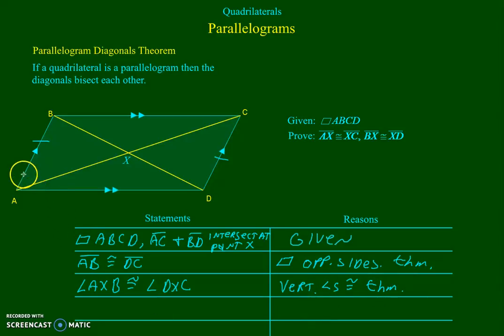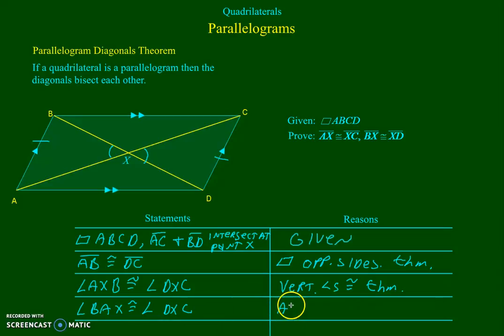And then we'll set this angle equal to this angle. So these are now congruent. And then we can say angle BAX is congruent to angle DXC.